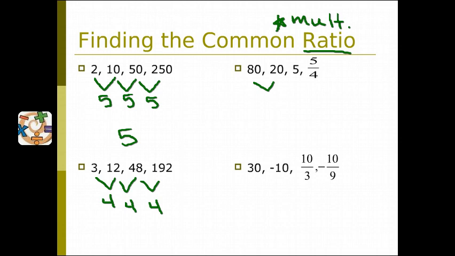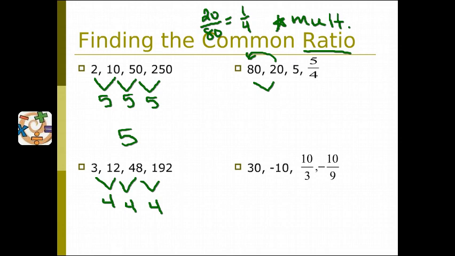So the easiest way for you to find the number that you multiply by is to work backwards. The easiest way to do this would be to take the second number in the sequence and divide it by your first. So say 20 divided by 80, which reduces to 1/4.